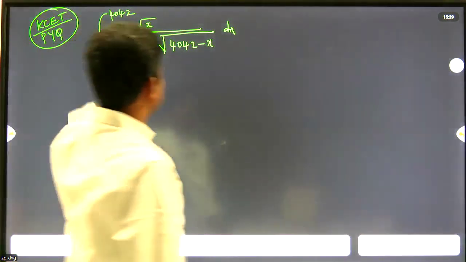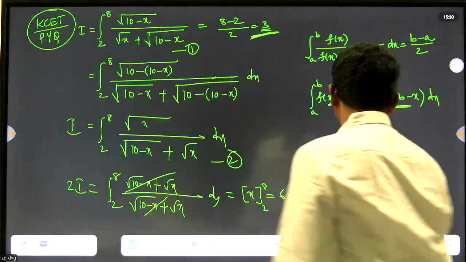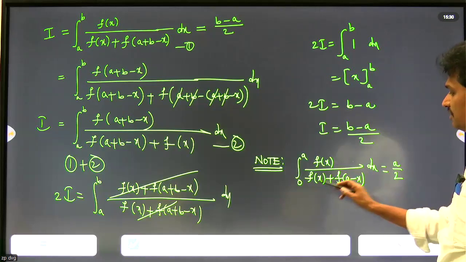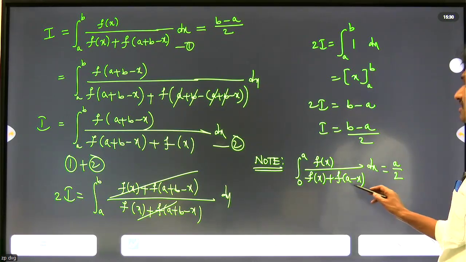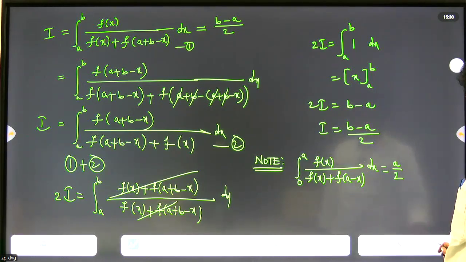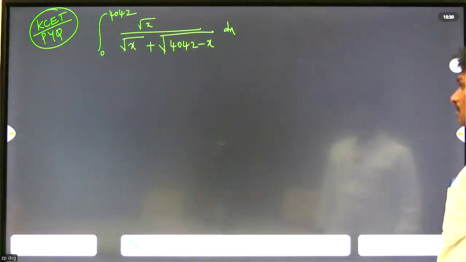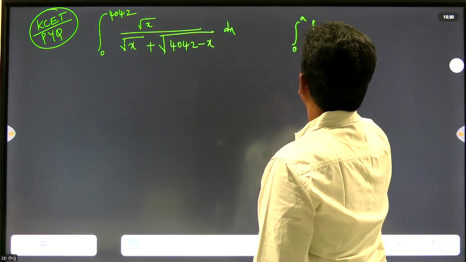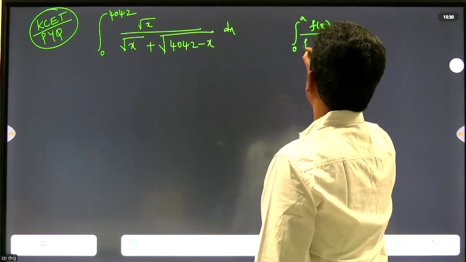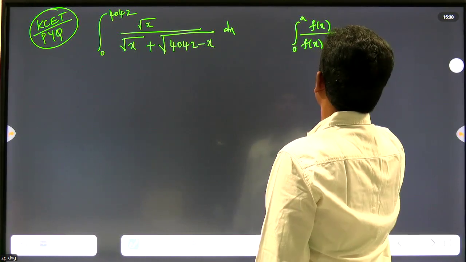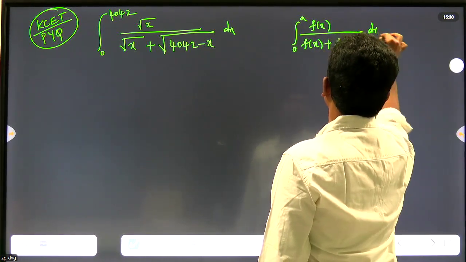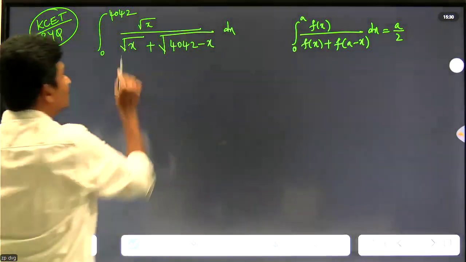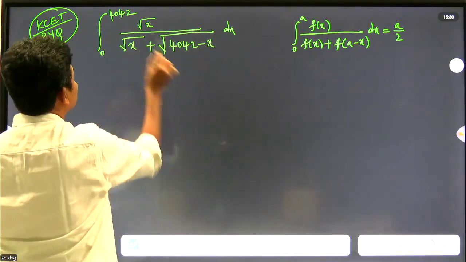See, 0 to a is there. We have this formula, no? 0 to a, f of x divided by f of x plus f of a minus x dx is a by 2. See, f of x, f of x, a minus x, a minus x.